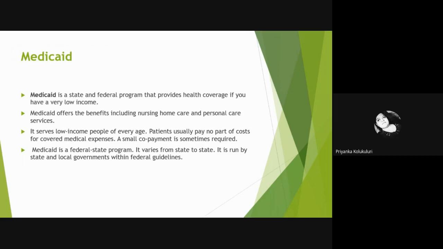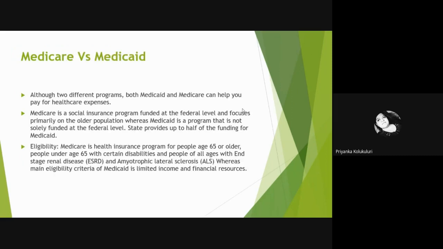No questions. Okay. Now let's understand the difference between Medicare and Medicaid. Although they are two different programs, Medicaid and Medicare can both help you pay for healthcare expenses. Medicare is a social insurance program funded at the federal level.